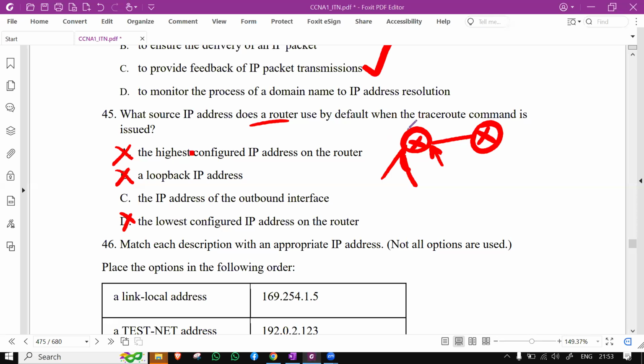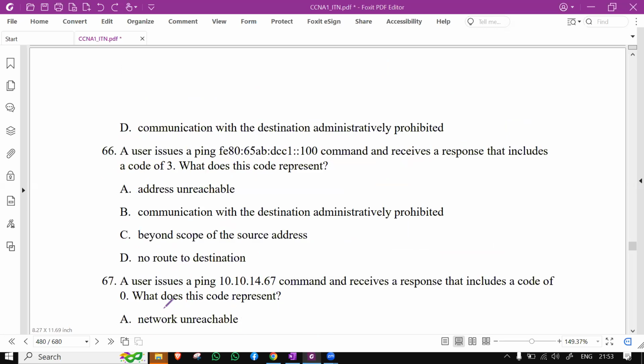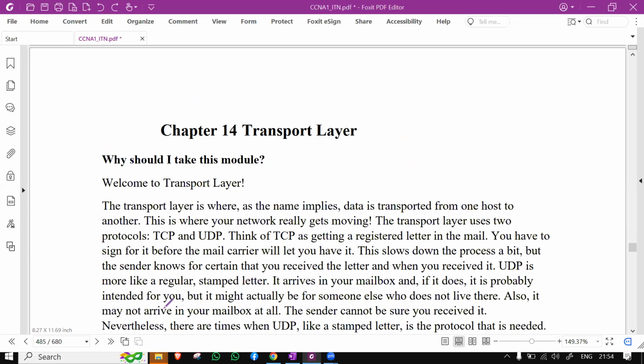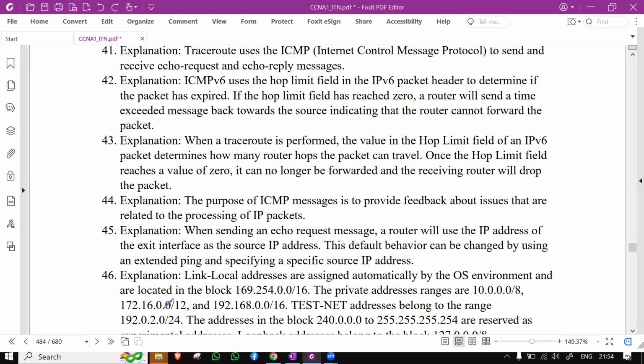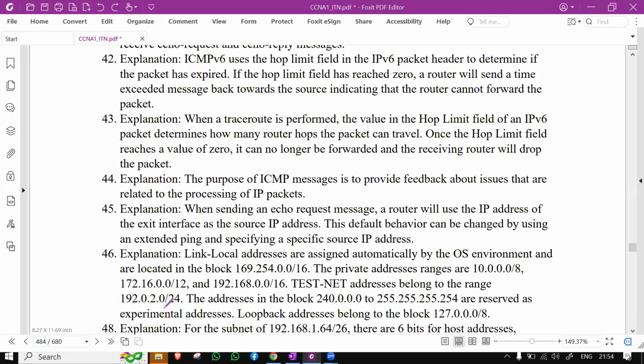Any help from the chat? C makes sense. Yeah, C makes sense, but we actually want to explain the decision reading. Making sense is not enough. Mentioning a router will use the IP address of the exit interface as the source.